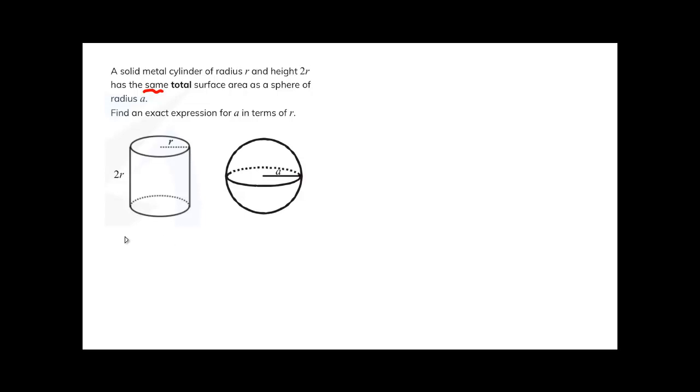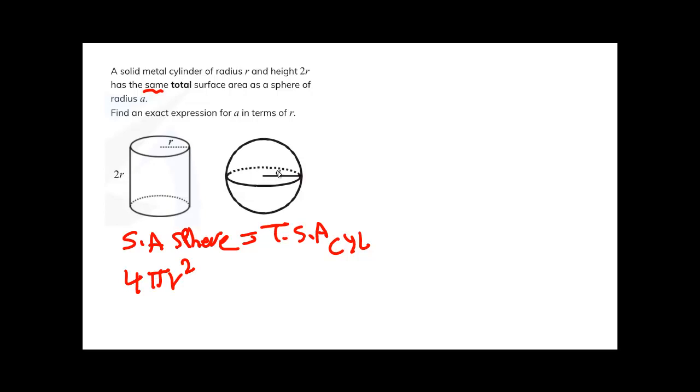So, which means the total surface area of the sphere equals the total surface area of the cylinder. The surface area of a sphere will be 4 pi r squared, and since we have radius a, we can just put a instead of r, so it will be 4 pi a squared.